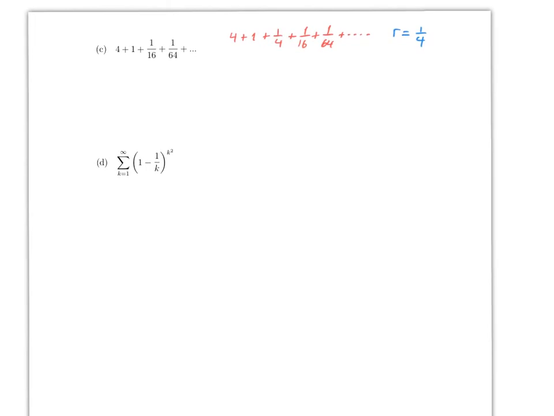Therefore, you can rewrite this as the sum from k equals 0 to infinity of 4 times (1/4) to the k power. Now, since the absolute value of r is less than 1, that implies that it is convergent by the geometric series.